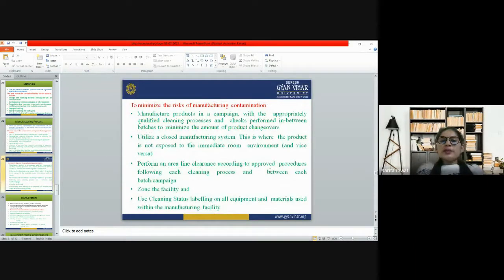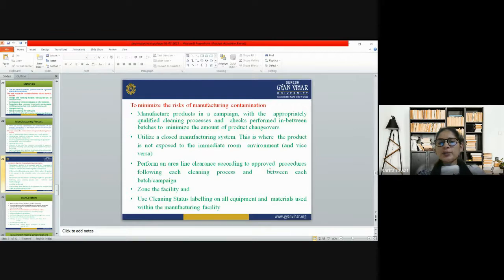Now, to minimize the risk of manufacturing contamination, manufacture product in a campaign with an appropriately qualified cleaning process and check, preferred in between batches, to minimize the amount of product changeovers. Utilize a closed manufacturing system.